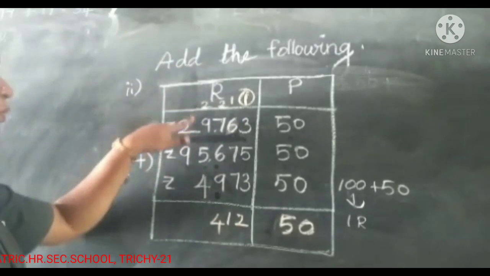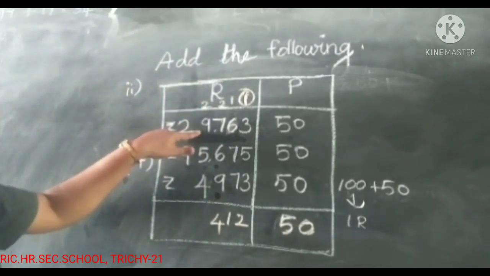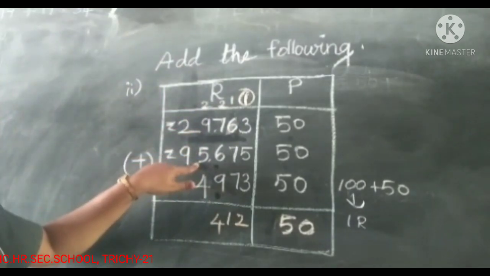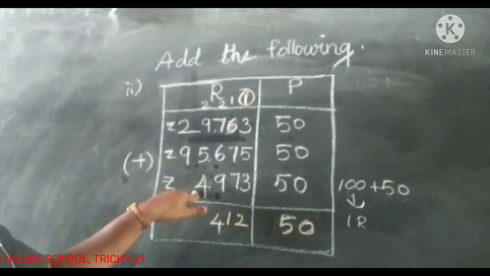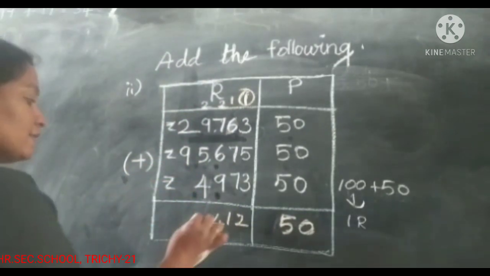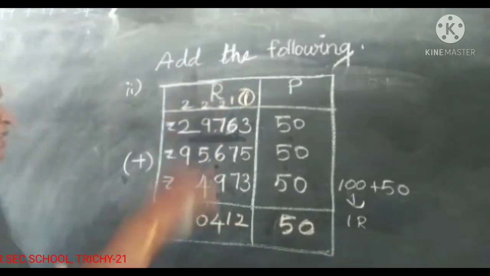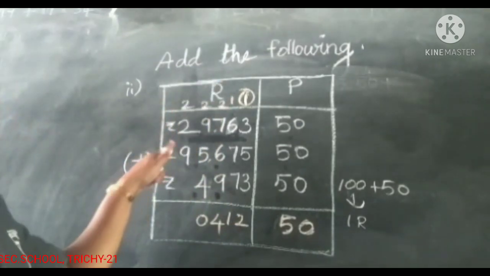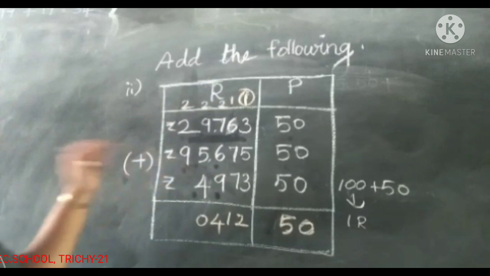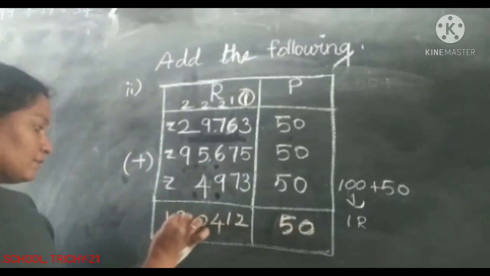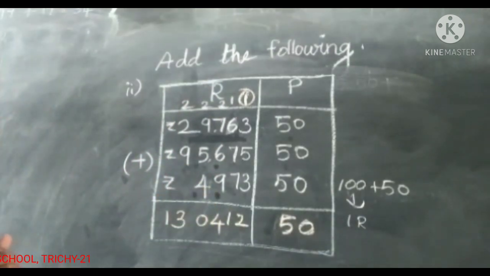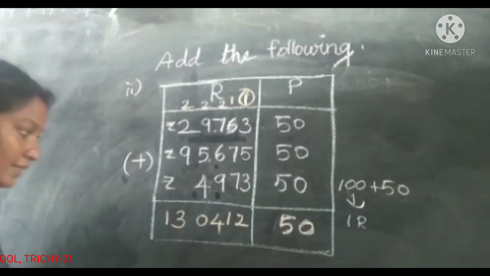Now 2 plus 9 is 11. 11 plus 5 is 16. 16 plus 4 is 20. So 0 and 2. Then 2 plus 2 is 4. 4 plus 9 is 13.